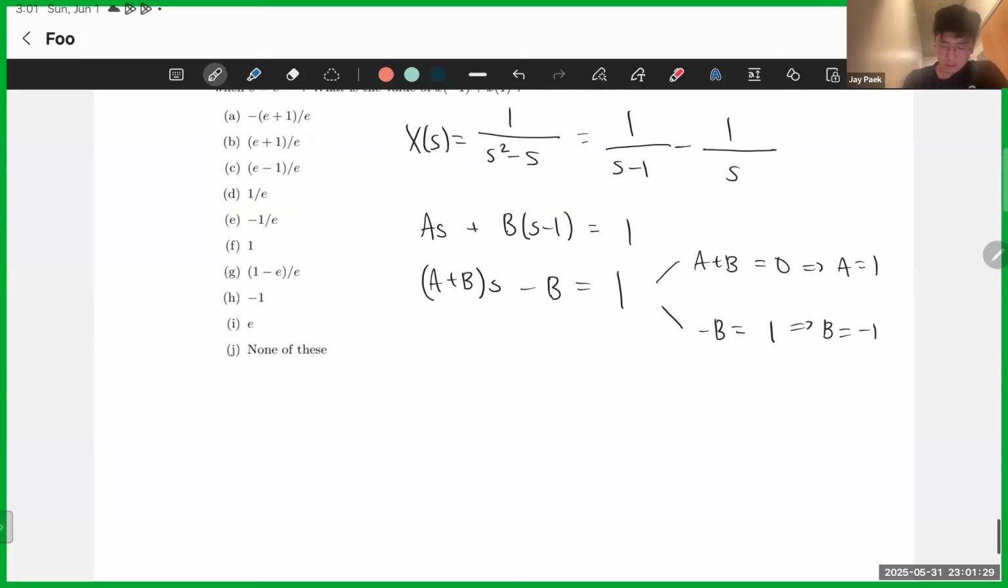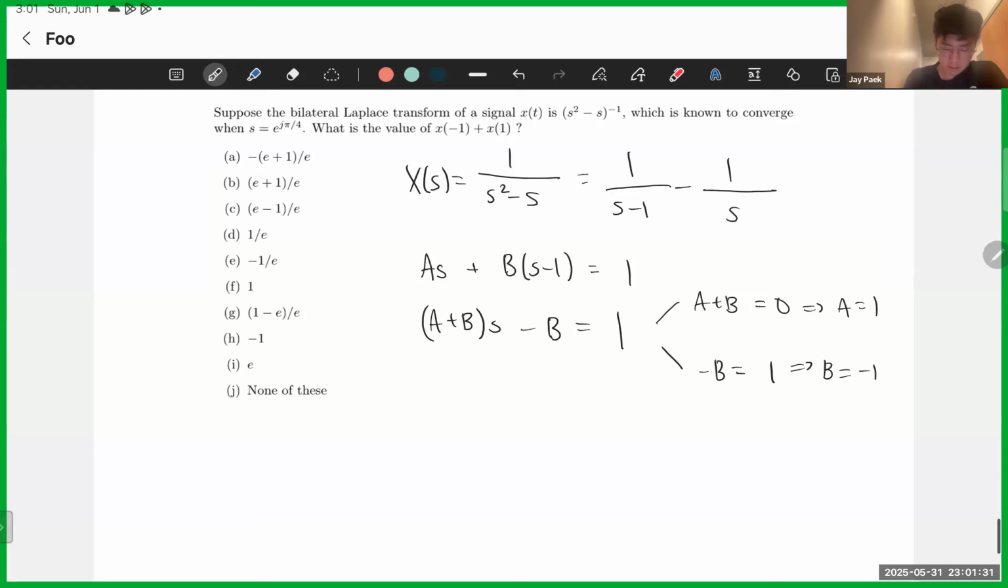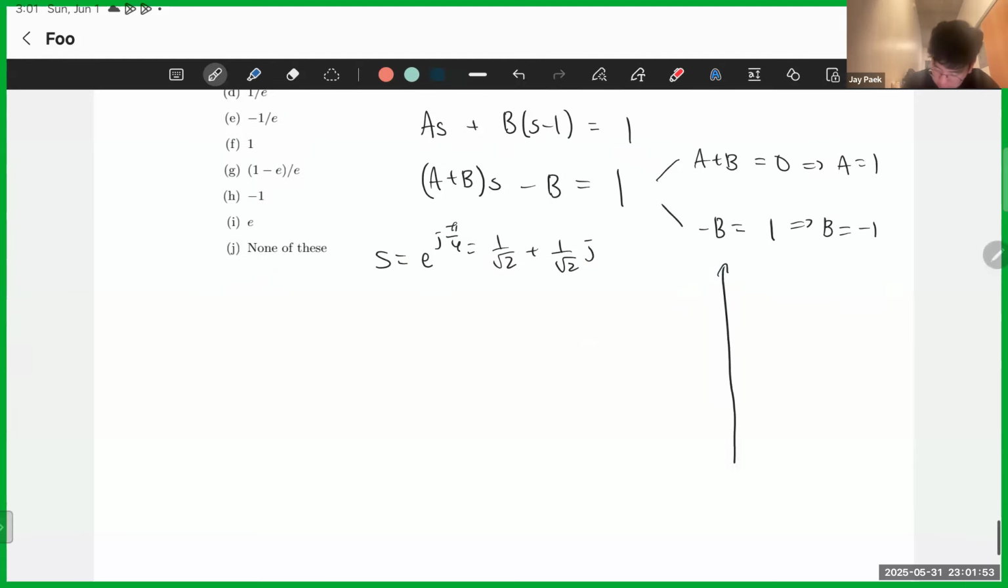And now, remember that this lies in our s equals j pi over 4, which is equal to square root 2 plus square root 2j, and it converges here. If our Laplace transform converges here, then, okay, let's actually draw a region of convergence.